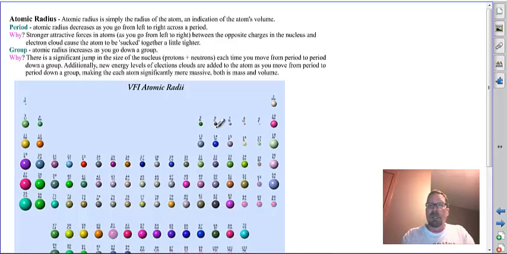I'm adding more protons, I'm adding more electrons. So I'm creating a stronger nuclear charge, a more effective nuclear charge, and a tighter grip on the electrons that are there, which is why fluorine has the smallest atomic radius.